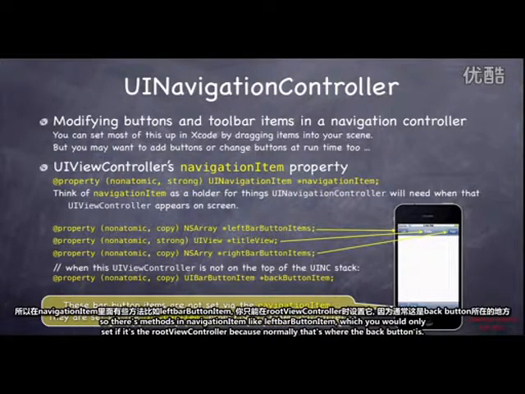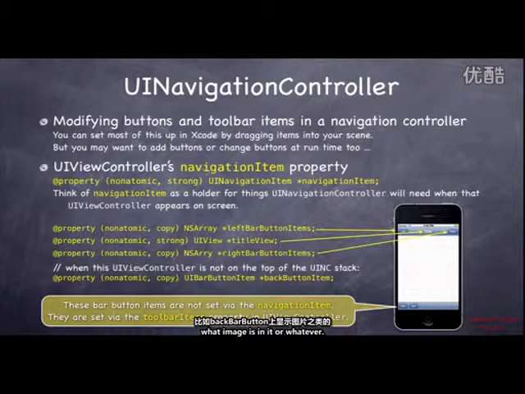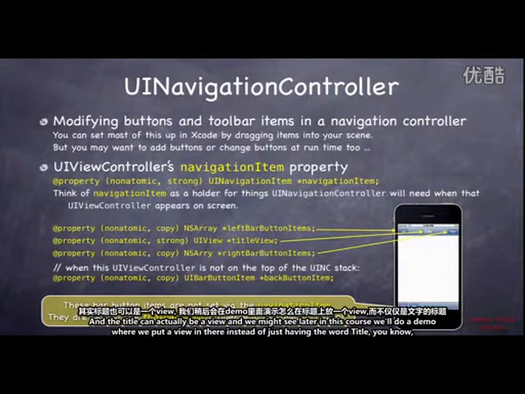Okay, so there are properties in navigationItem like leftBarButtonItem, which you would only set if it's the root view controller, because normally that's where the back button is. There's also backBarButtonItem, so that if you're not the root view controller, you can control what the back button item looks like, what image is in it or whatever. Some restrictions there on what the back button is allowed to look like. And the title can actually be a view.